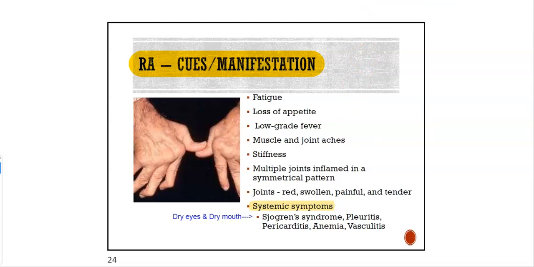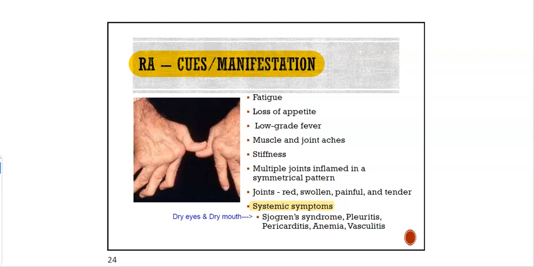Again, because it's a systemic autoimmune disorder, you will have systemic symptoms. It can affect the whole body, hence having the fatigue, loss of appetite, and so on. Some of these patients may have Sjogren's syndrome, which is basically dryness in their eyes and mouth. They can have pleuritis, so inflammation of the pleura or the lining of the lungs.